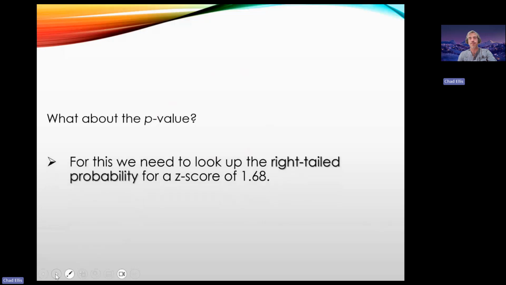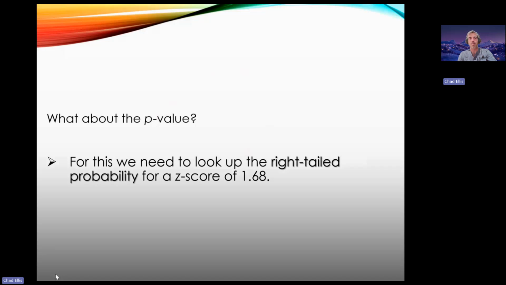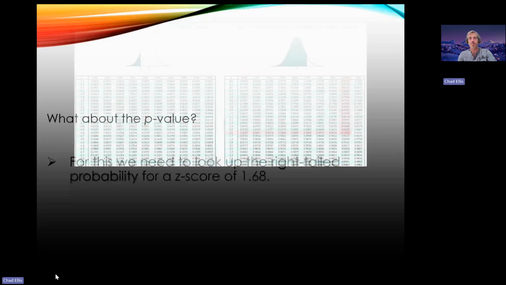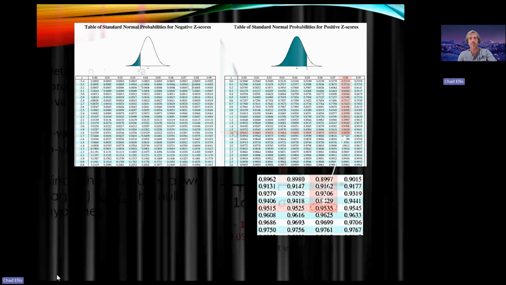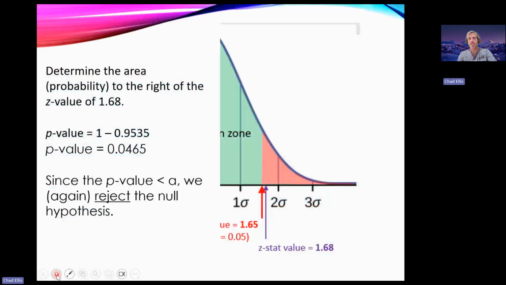What about the p-value? Again, we're doing a directional test, so we're going to look up the right-tailed probability for a Z-score of 1.68. So we go back to our Z table here. 1.68 right there corresponds to a cumulative probability of 0.9535. If we look at this table here, there's my rejection zone, which is established by my alpha value of 0.05.